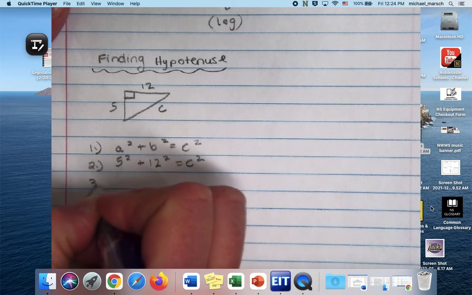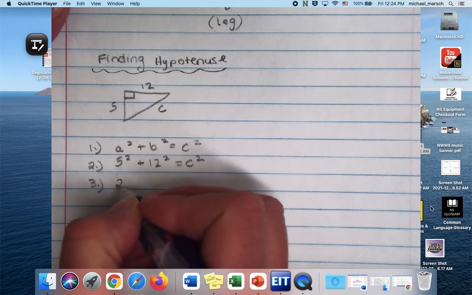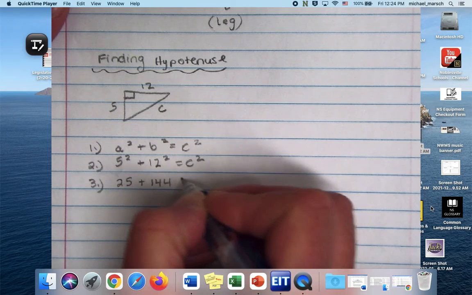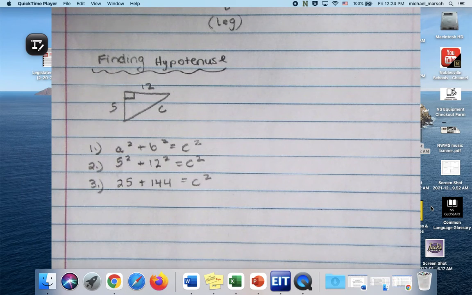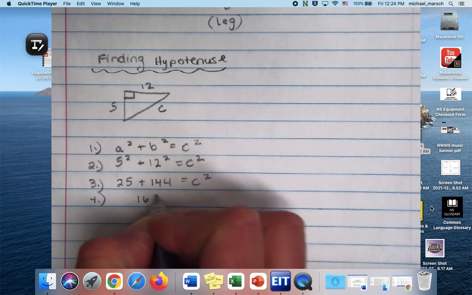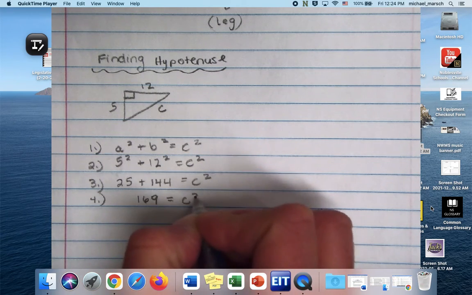Step 3 is to actually simplify 5 squared and get 25. 12 squared is 144, equals c squared. Better be writing this down correctly. I am thinking. Not yet. No, we'll get there. Not quite. So the fourth step is to actually add. So we get 169 equals c squared.